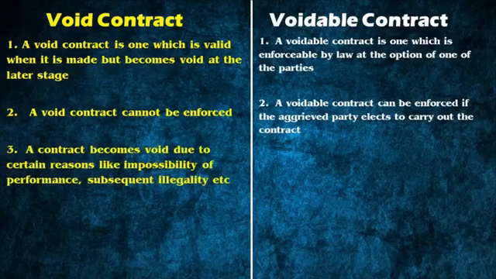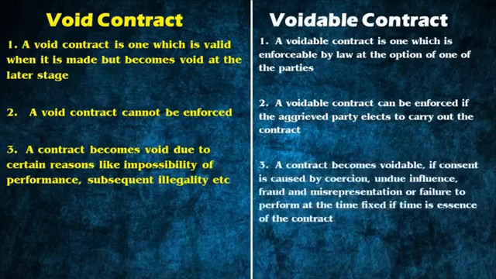Void contract: a contract becomes void due to certain reasons like impossibility of performance, subsequent illegality, etc. Voidable contract: a contract becomes voidable if consent is caused by coercion, undue influence, fraud and misrepresentation, or failure to perform at the time fixed if time is of the essence of the contract.